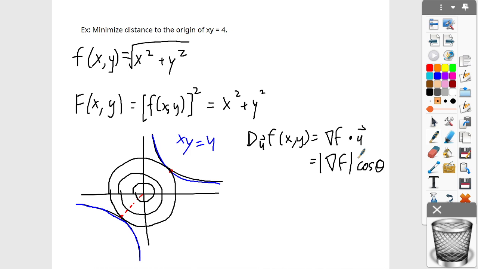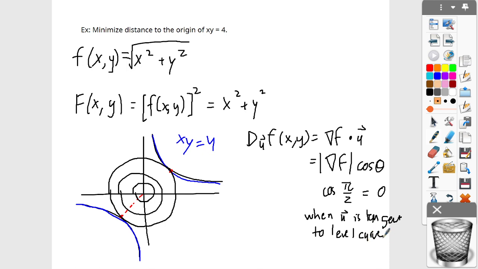So the angle between the gradient and the unit vector had to have been 90 degrees, because cosine of 90 is 0. So cosine of pi over 2 is equal to 0 when the u direction is tangent to the level curve.